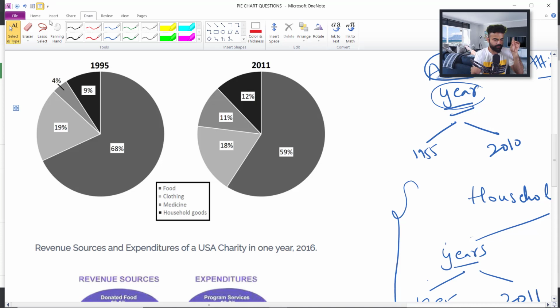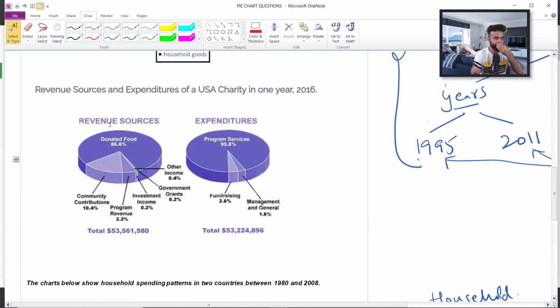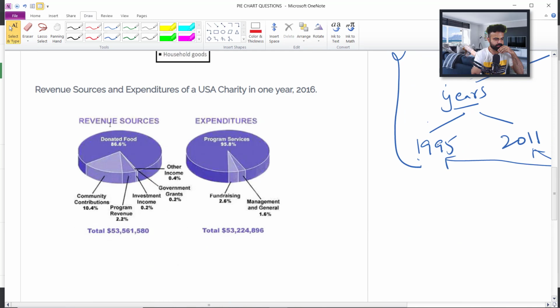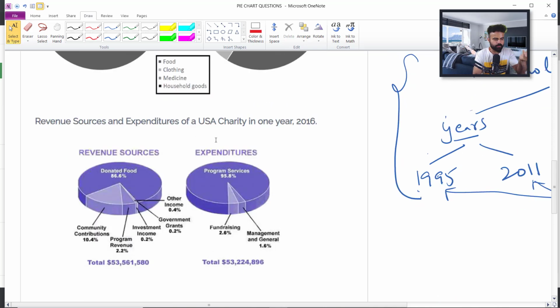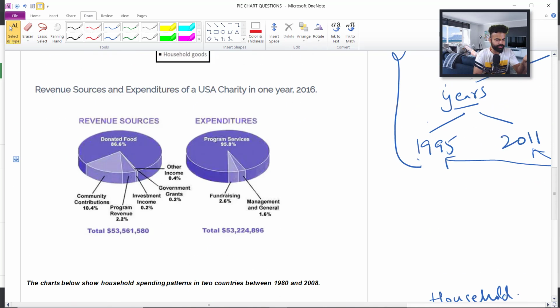Okay, if I have to give you one more example, I have this example as well. You can see this is the revenue sources and expenditures of a USA charity in 1 year, 2016. These are just random examples I got from the internet. I just took this snapshot and pasted it here.